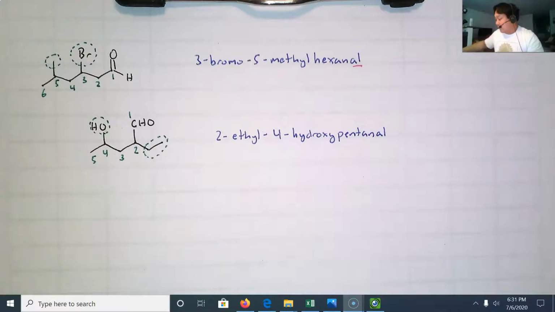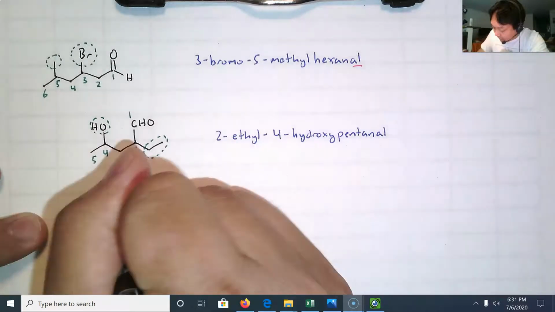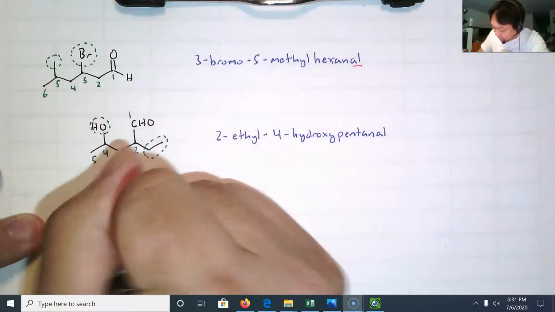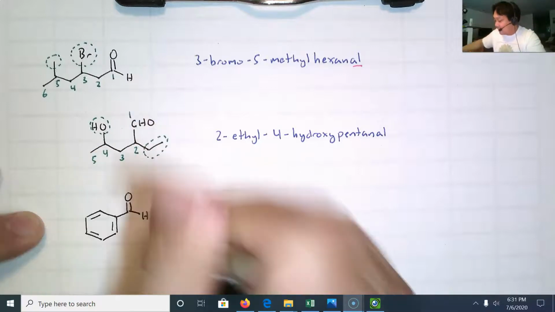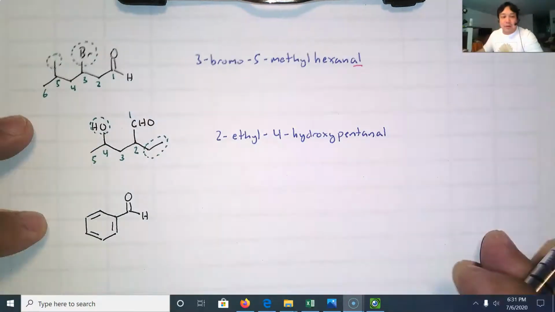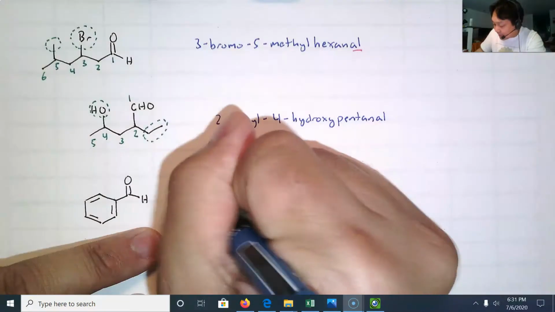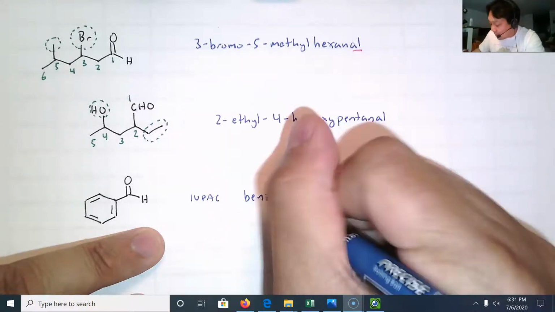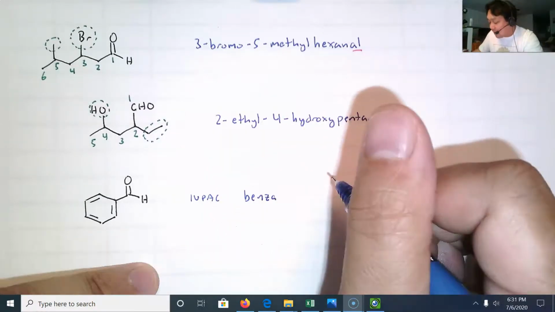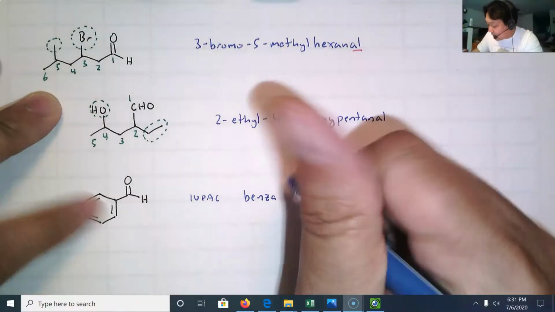One more name and then we can move on. What if we have a benzene ring and we have a carbonyl group hanging off of it and it's an aldehyde? The acceptable IUPAC name here is benzaldehyde. It does come from the word benzene, and it is an aldehyde.